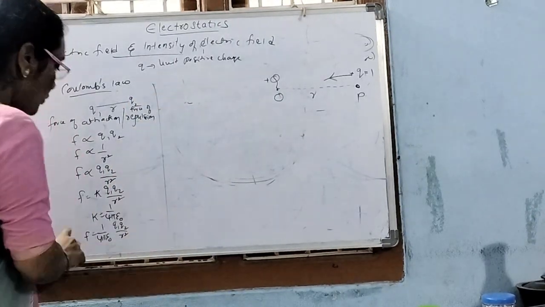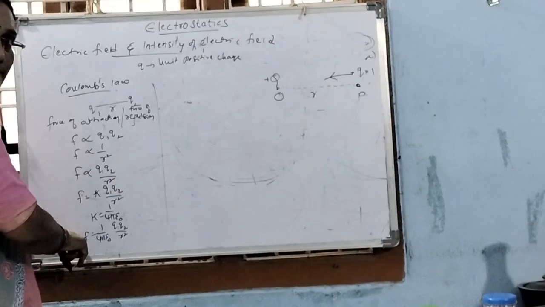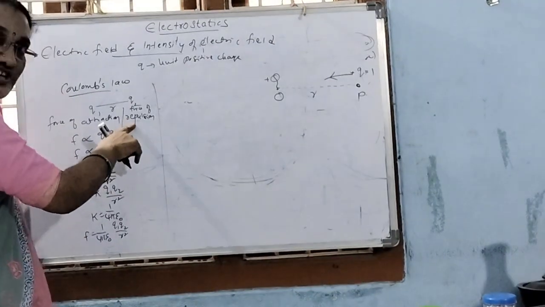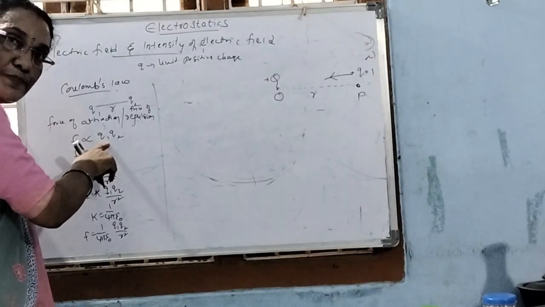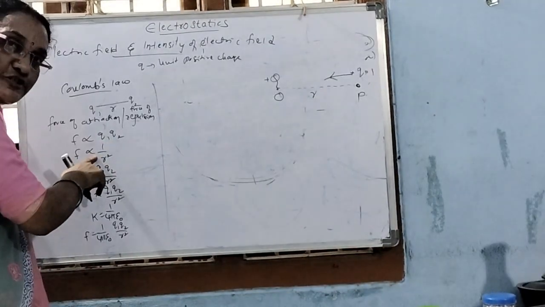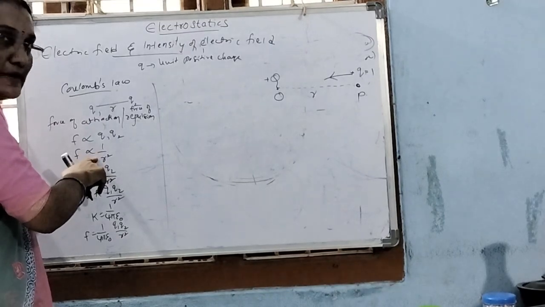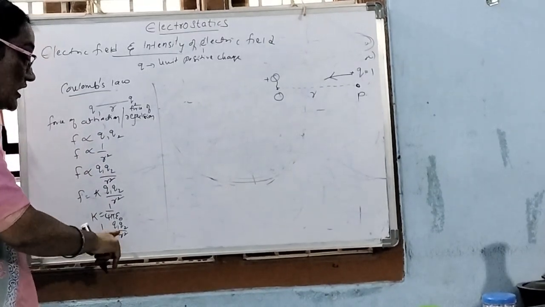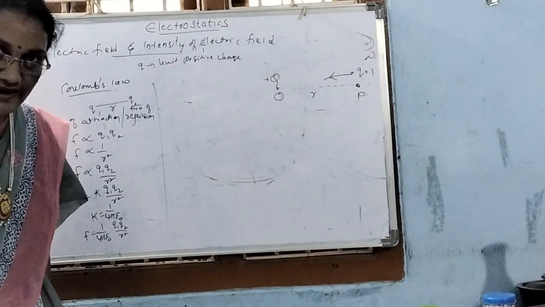Now this is Coulomb's law for electric charges. The force of attraction or repulsion is directly proportional to the product of the magnitudes of their charges and inversely proportional to the square of the distance between them. So F is equal to 1 by 4 pi epsilon naught Q1 Q2 by r square.